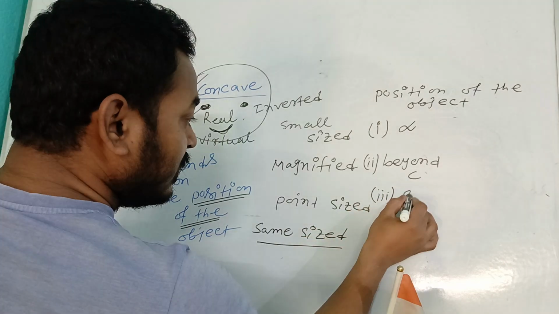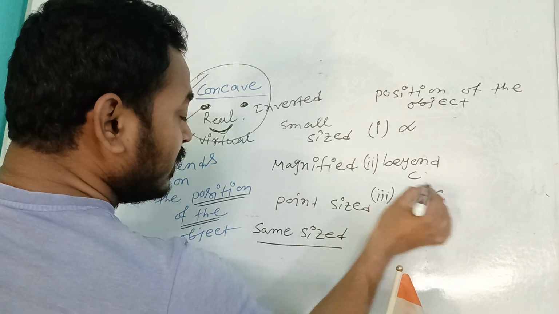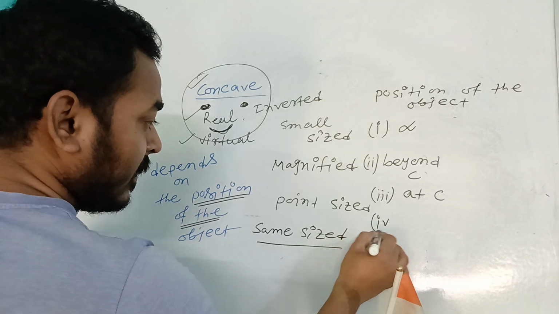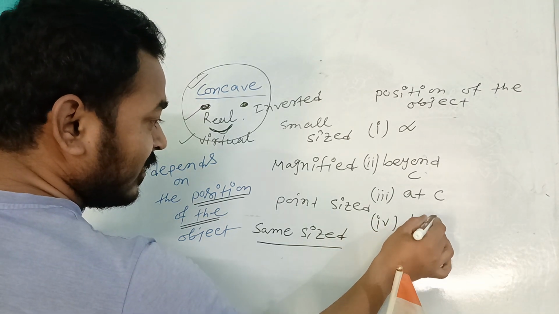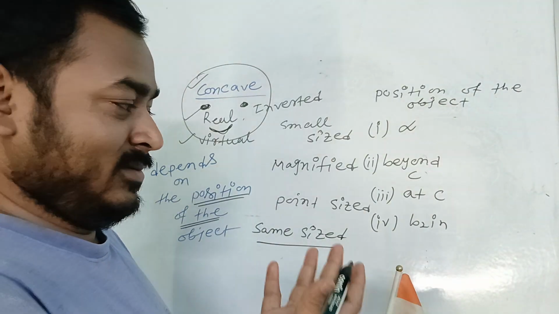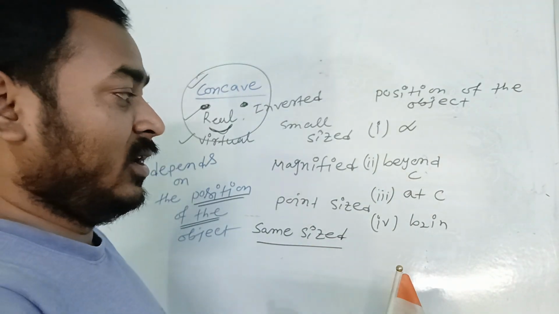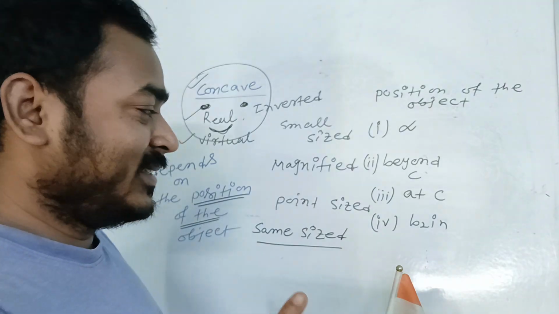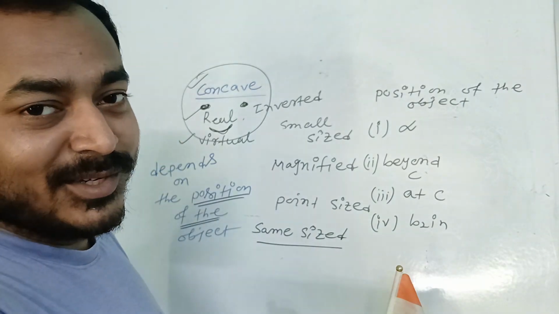Number 3, at C. Number 4, between, I write the short form, but in your exam don't write B2IN.